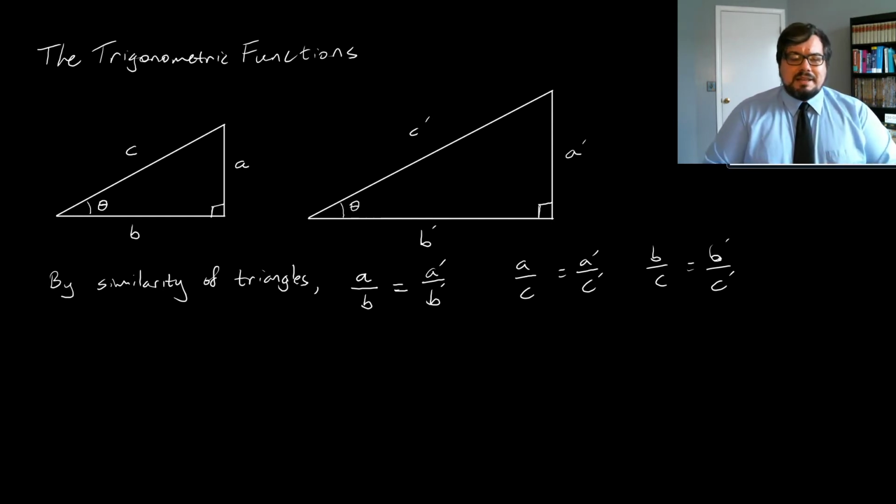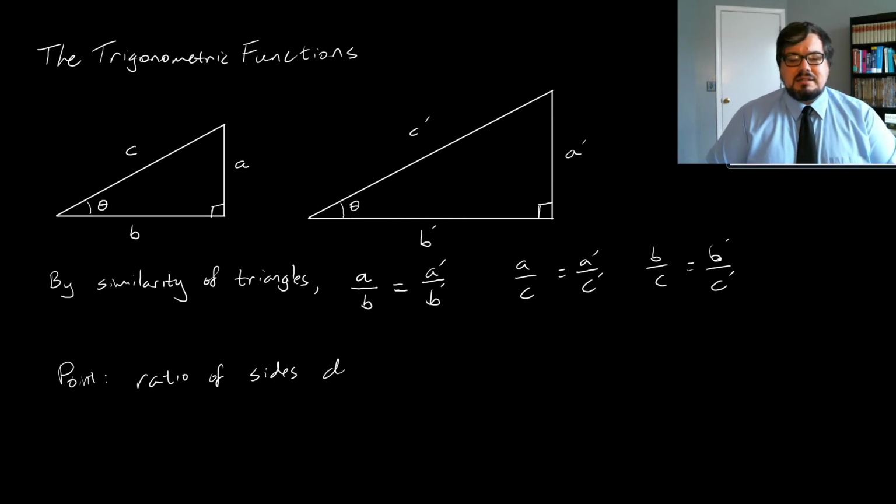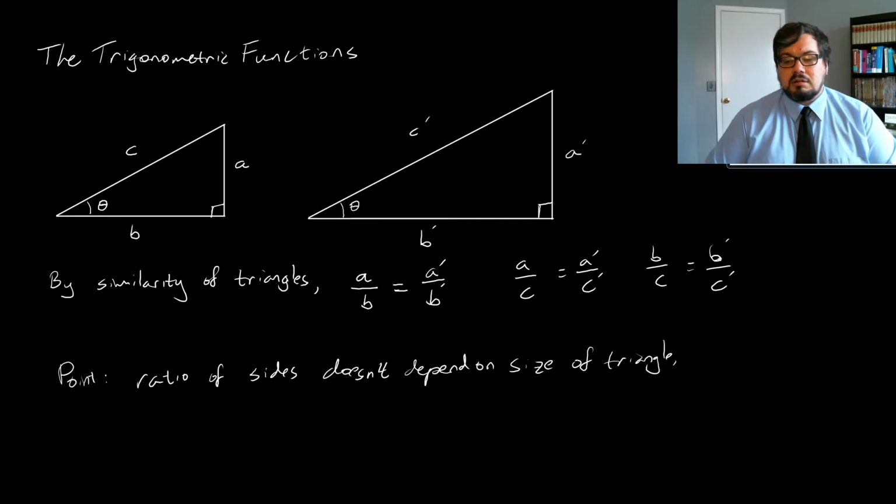The point is that the ratio of the corresponding sides A to B, A to C, or B to C, doesn't depend on the size of the triangle, only on theta.